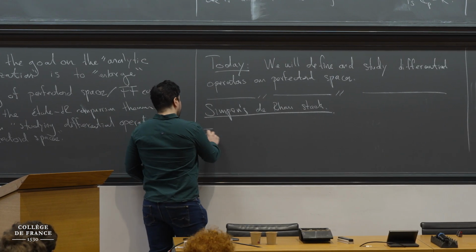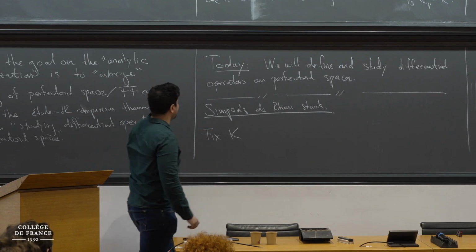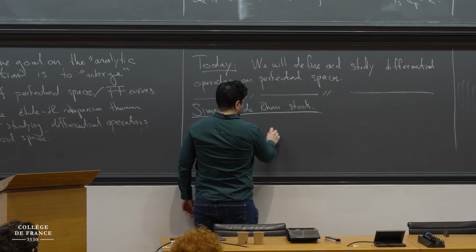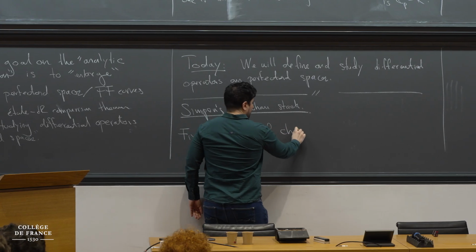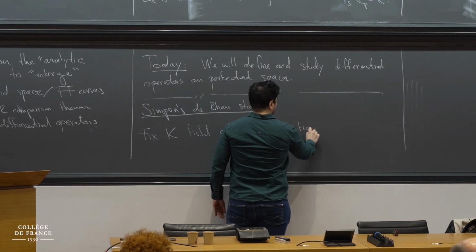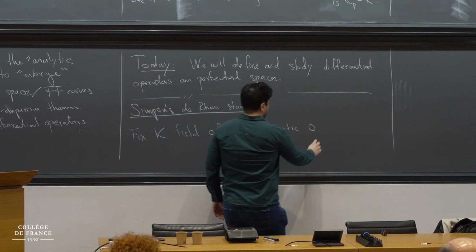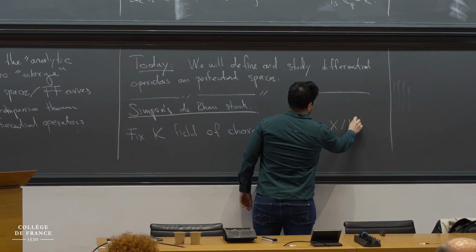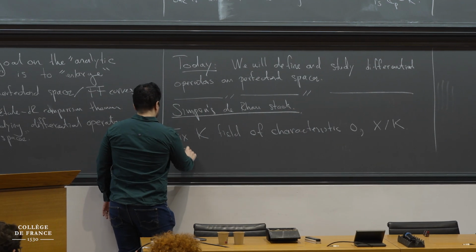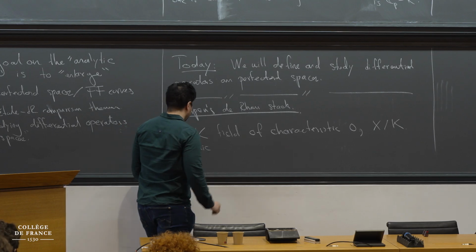So let me just take again K, any field, it doesn't need to be that of characteristic 0, and X some algebraic variety over K. Let's say smooth, but maybe let me just write algebraic variety.